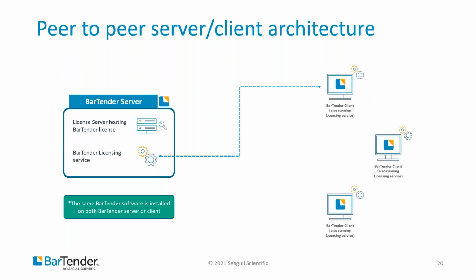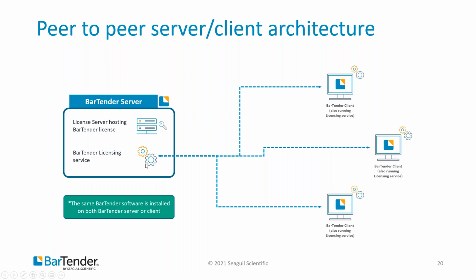So in terms of that communication architecture between the license server and the BarTender clients, it all operates through the BarTender licensing service. This is the Windows service that is installed on each BarTender installation. The licensing server is simply that computer, that BarTender installation that performed the online activation of the license and therefore is hosting the license.